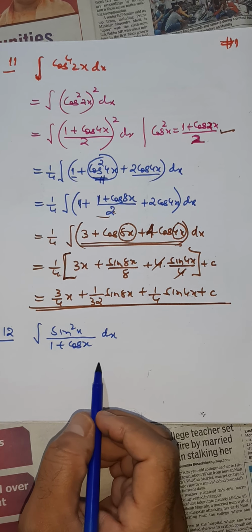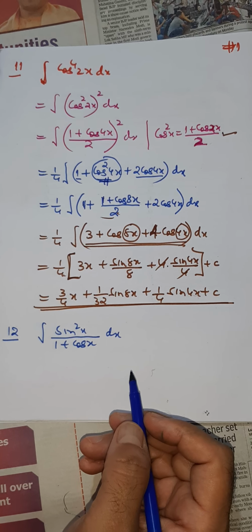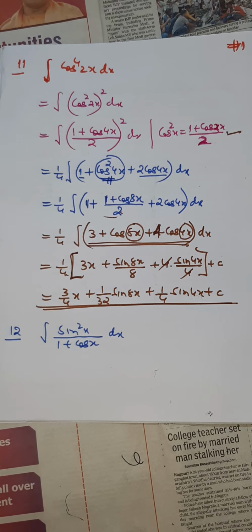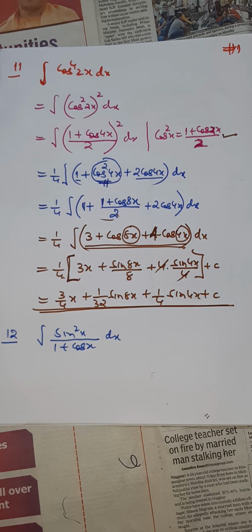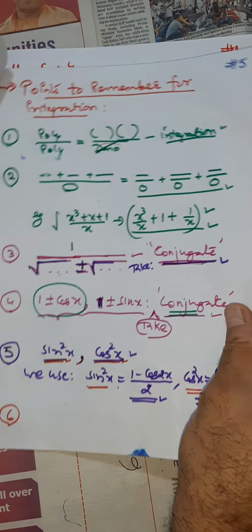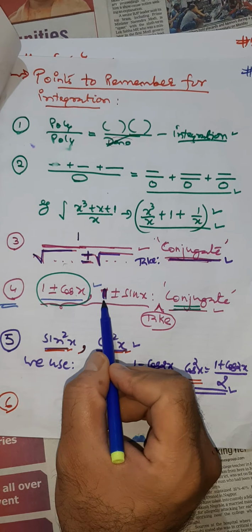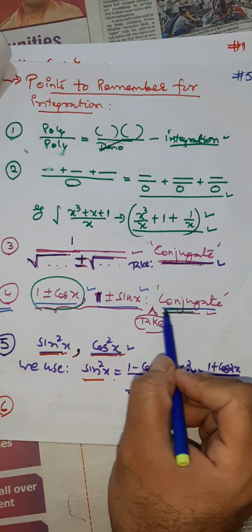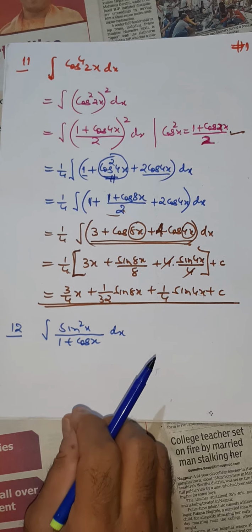I told you, if you remember, one of the points to remember, if you have 1 plus or minus cos or 1 plus or minus sine, you can take conjugate. So here one way is you can take conjugate. Just let me remind you, point number 4, if you have 1 plus or minus cos, 1 plus or minus sine, take conjugate.